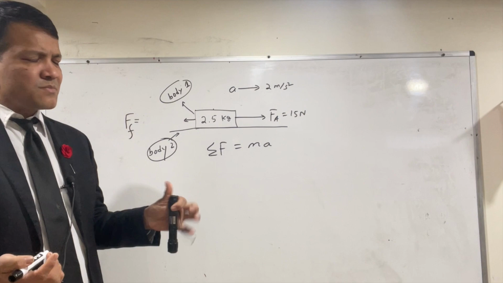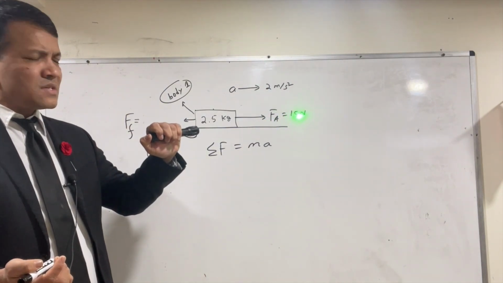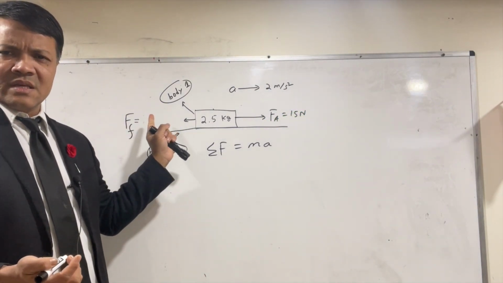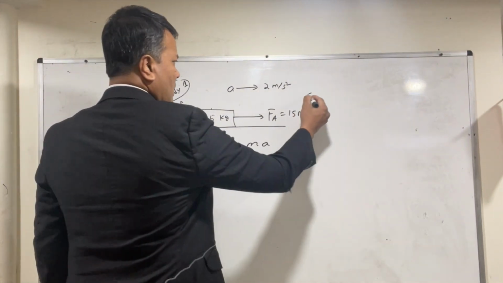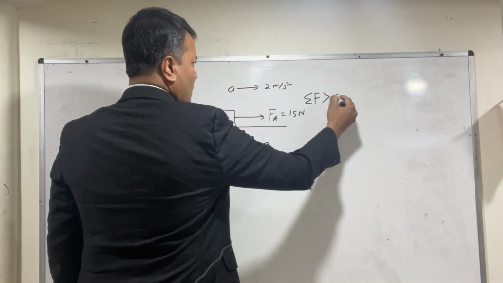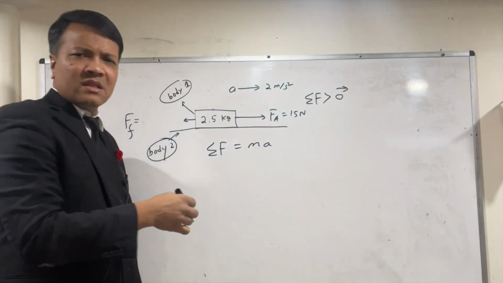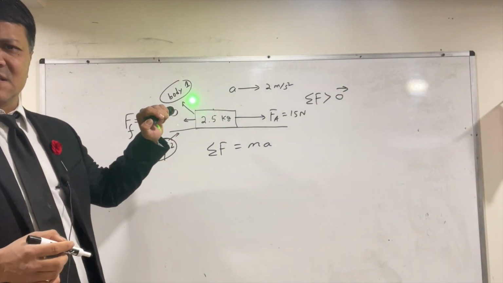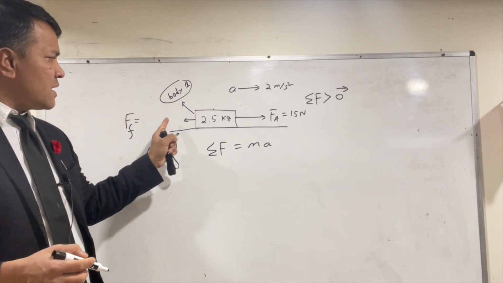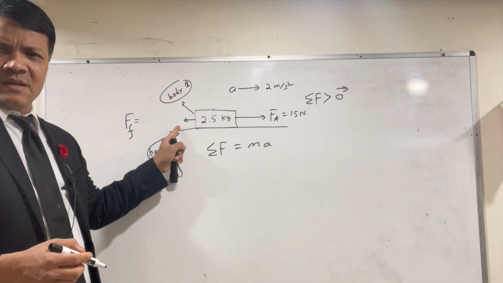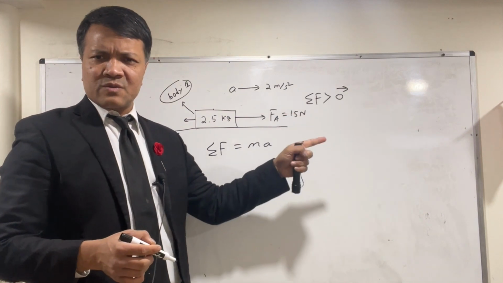Why are you expecting a smaller value than 15? Because this box has a net force to the east. Therefore, this box is accelerating to the east. So that must be smaller. If this is smaller, then there would be a net force to the east.